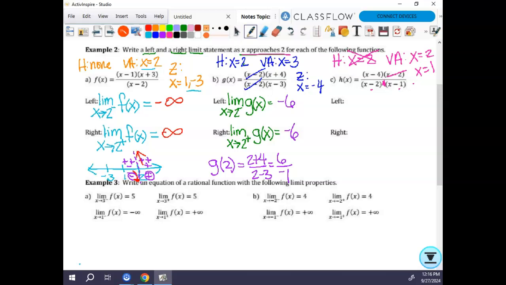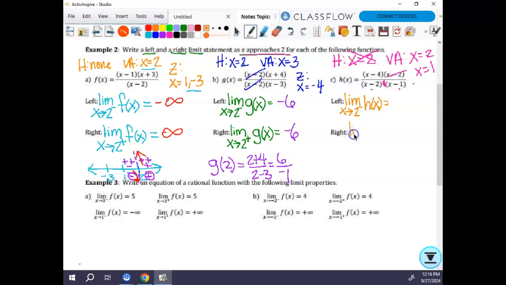So let's write in our little stems here. The limit as x approaches 2 from the left of h of x. And remember to make sure that you call it h of x if it's h of x. Don't call everything f of x.